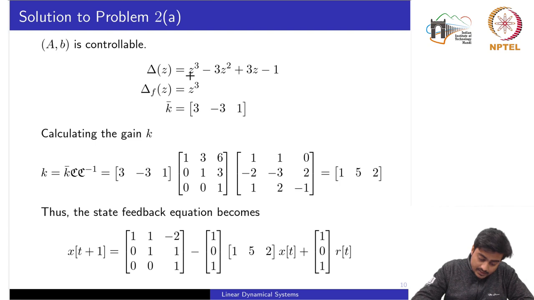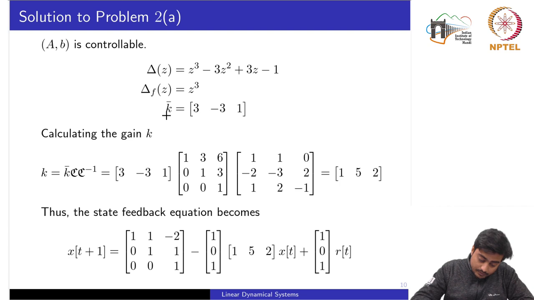This delta z is the characteristic polynomial of the plant, and this characteristic polynomial is the desired characteristic polynomial. Because if you compute the roots of this characteristic polynomial, it would be multiple roots located at 0.